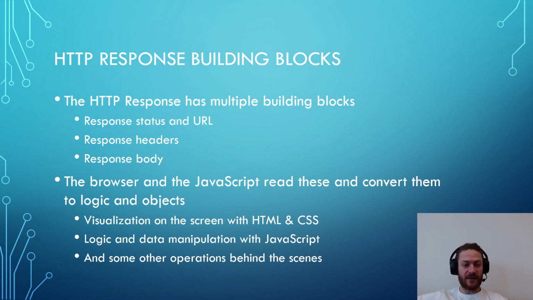Do we return JSON? So that the browser can analyze the headers, see the body, and decide what to do with it. If it's HTML, it's going to render it. If it's CSS, it's going to apply it on the current HTML, and so on and so on. So the browser and the JavaScript reads this and convert them to logic, objects, visualization, or so on.